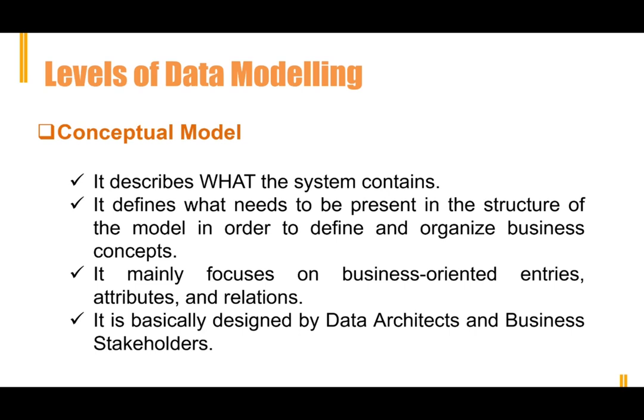It defines what we need to do in terms of the structure of the model, how it could be organized, who has authorized access to what type of data, what sort of stakeholders and their authority and their objectives, and how any conflict would be sorted out from external to internal environment. It mainly focuses on business-oriented entities, the attributes and the relationships, the structure and the boundaries, as I told you.